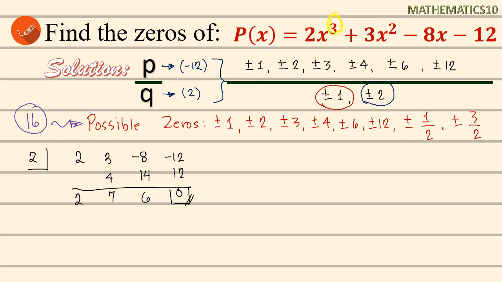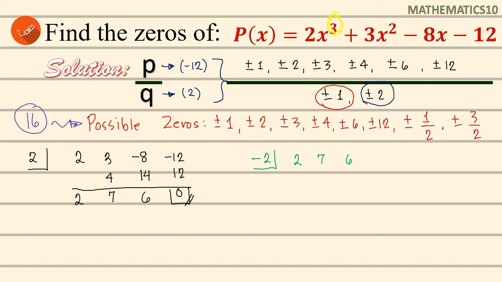Next, let's say I'm going to use negative 2. For the leading coefficients, it is better for us to use the coefficients coming from the first synthetic division that we've done. So, 2, 7, and 6.